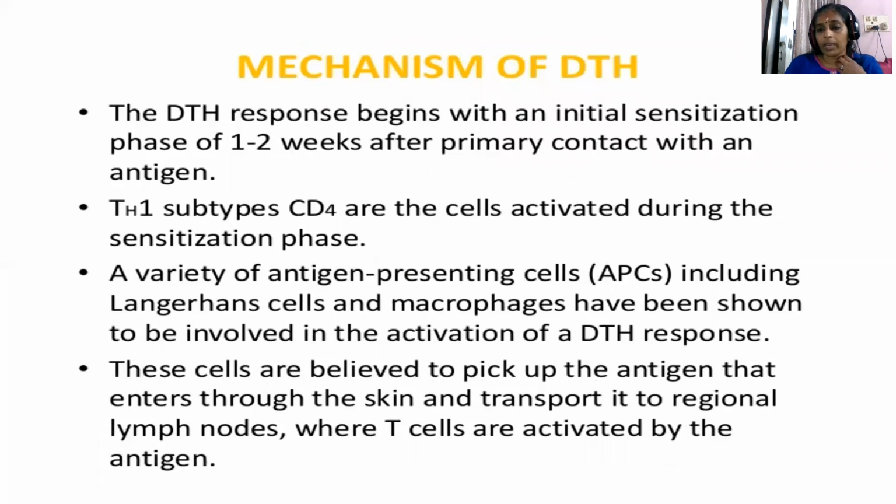The mechanism of delayed hypersensitivity, or type 4 reaction: the DTH response begins with an initial sensitization phase of 1 to 2 weeks after the primary contact with an antigen. Here, unlike immediate hypersensitivity where TH2 is reactive, it is the TH1 subtype that reacts in delayed hypersensitivity reactions.